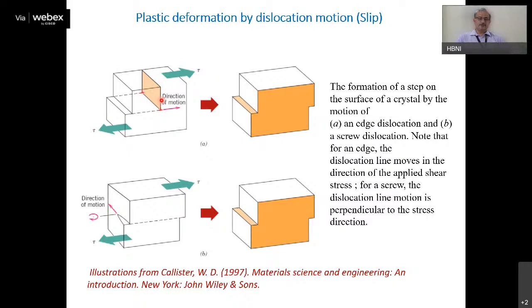Like in the case of edge dislocation, the dislocation line is moving in the direction of the shear stresses, whereas in this case it is moving perpendicular. But the ultimate deformation that you get will be the same when you apply the shear stresses. So these can be two different mechanisms in case of presence of edge dislocation or in case of presence of screw dislocation.